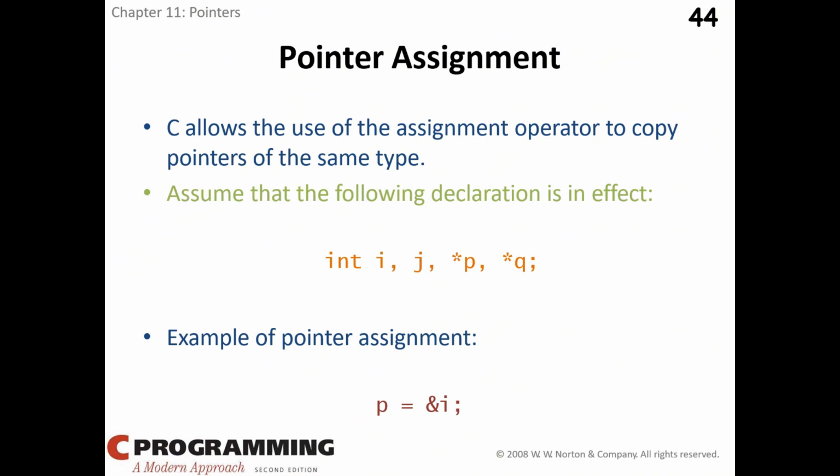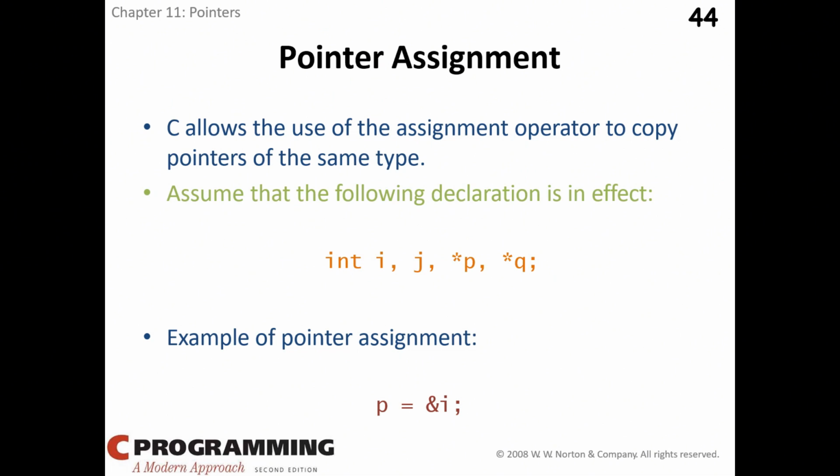And also we can use the assignment operator or the equal symbol to copy pointers of the same type. You can see the example here in the slide. Here we have two integer variables I and j, along with two pointer variables p and q.